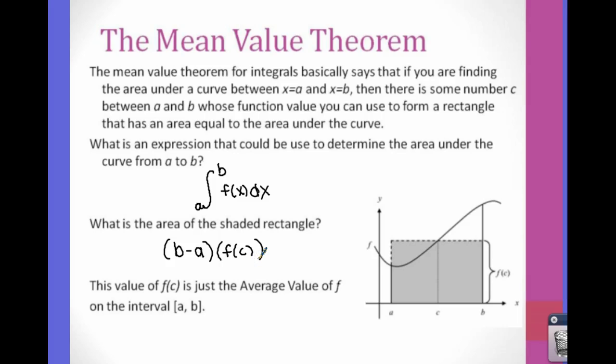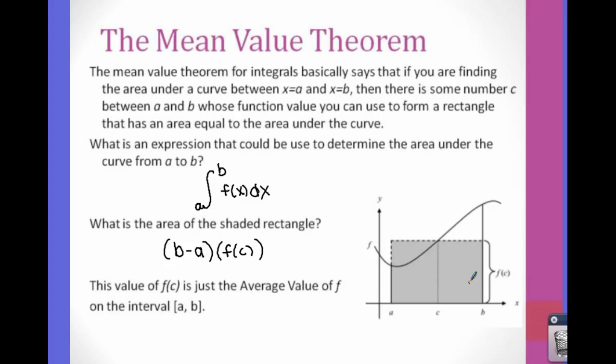So they went into the midpoint and they said that C exists here, and we're saying f of C is the height of the rectangle. So the base or the width is b minus a, and the height is f of C as depicted over here. This value of f of C is what we would consider to be the average value of f on the interval of a to b.